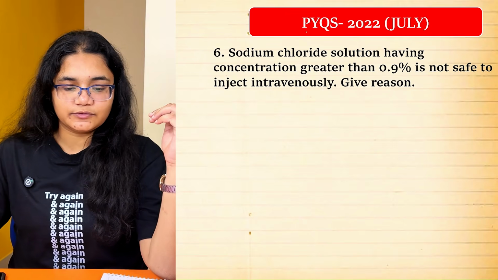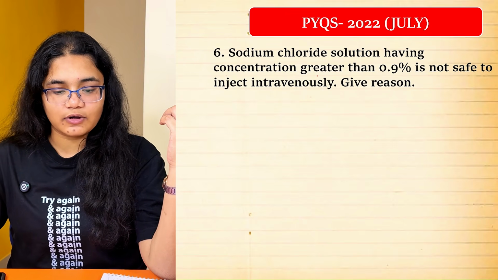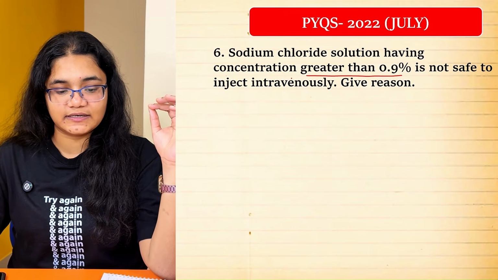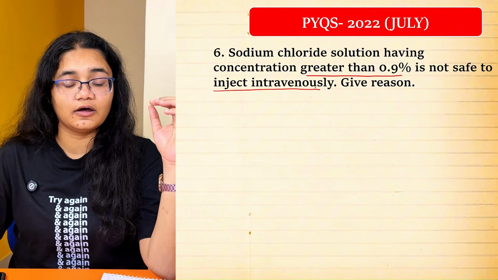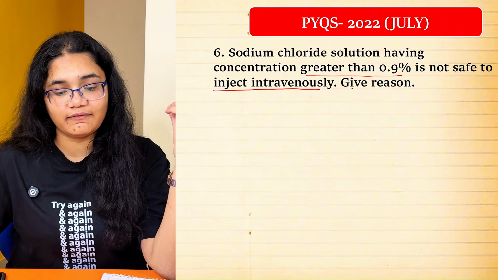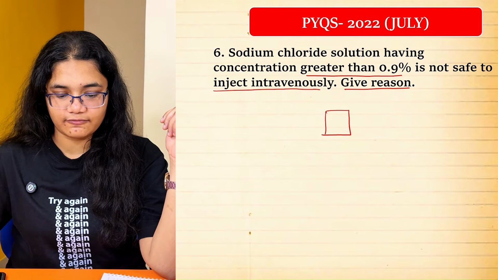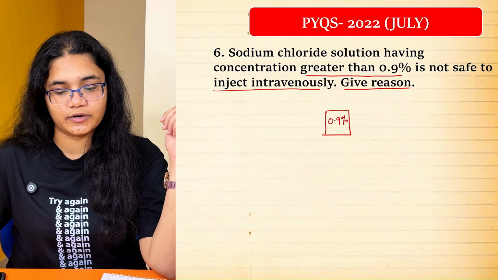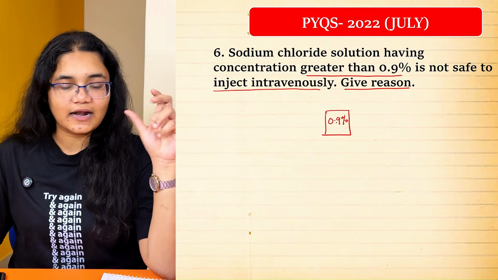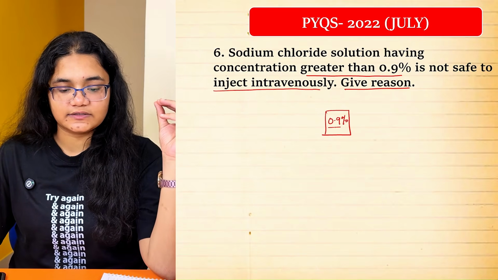Next question: a sodium chloride solution having a concentration greater than 0.9% is not safe for injecting intravenously, give reason. The cell has a 0.9% sodium chloride solution, and that is why there is osmotic pressure related to this 0.9%.